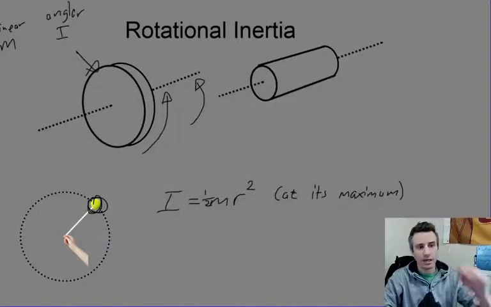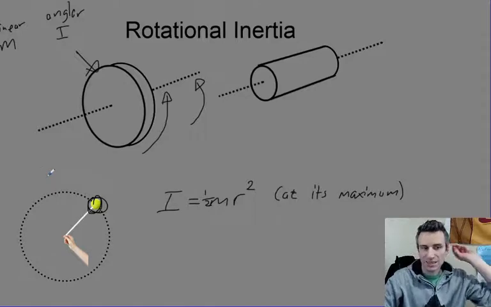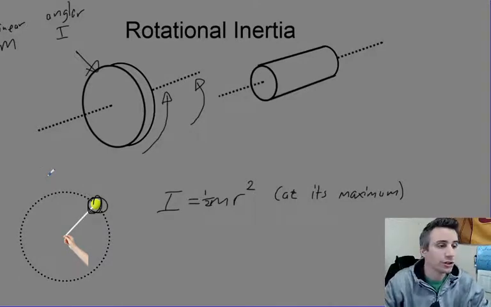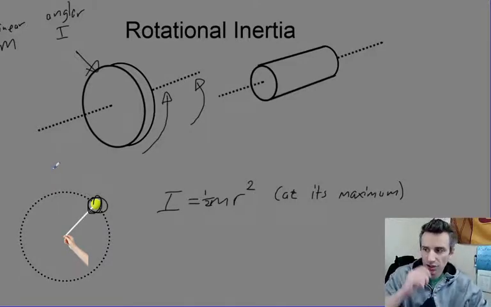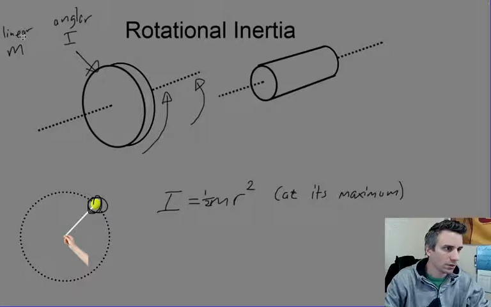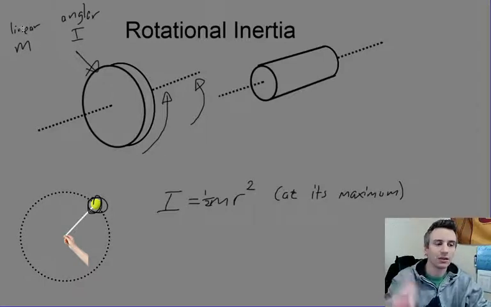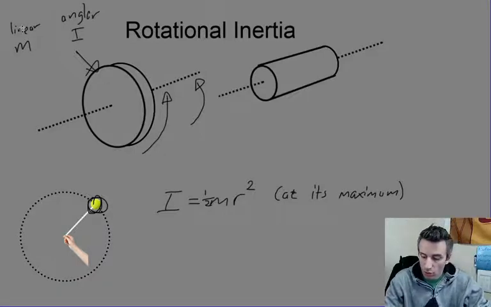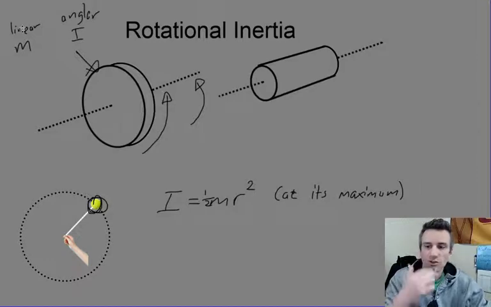Okay, so now we're going to look at the idea of rotational inertia. It's the same idea as mass, but in an angular sort of way. Remember that linear inertia is the tendency of an object to resist a change in motion.